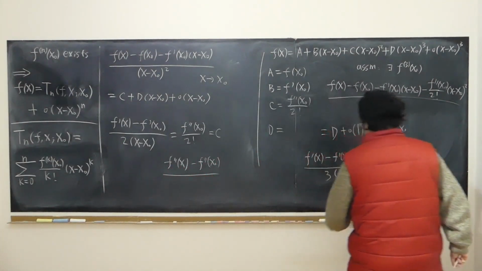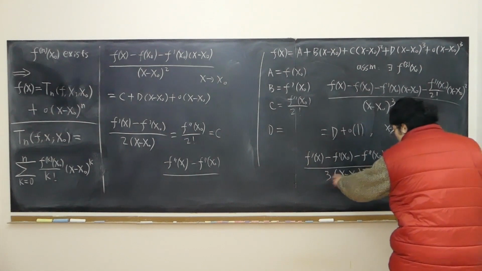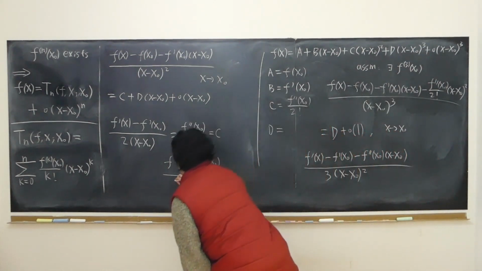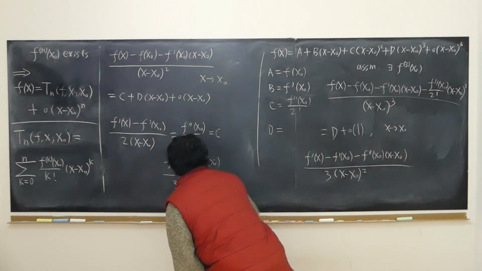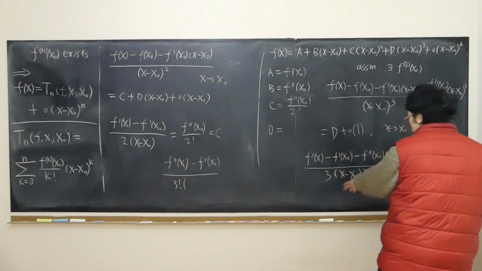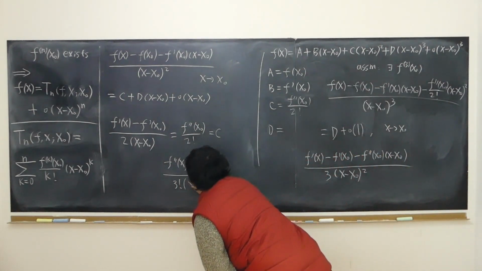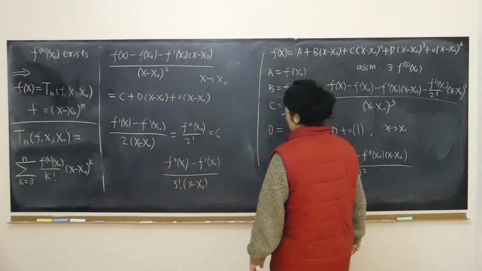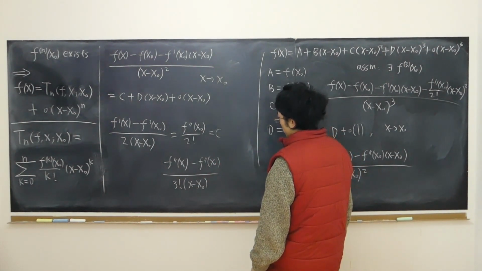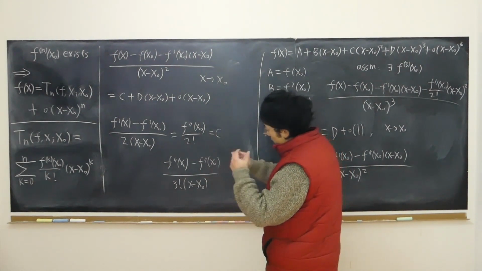Differentiate the bottom: 3 times 2 is just 3 factorial. Using the chain rule, we have x minus x naught. Now we let x approach x naught and see what the limit of this is.